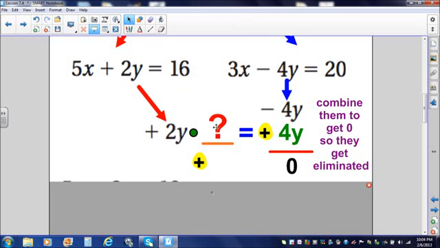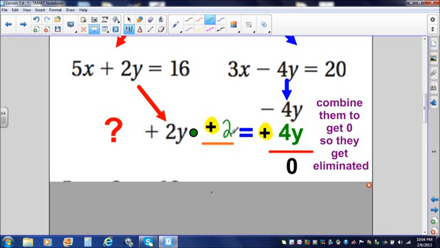So ask yourself, what number do you have to multiply 2 by to get positive 4? Well, we should know if we multiply by a positive 2, 2 times a positive 2 gives us positive 4, and then these will cancel.